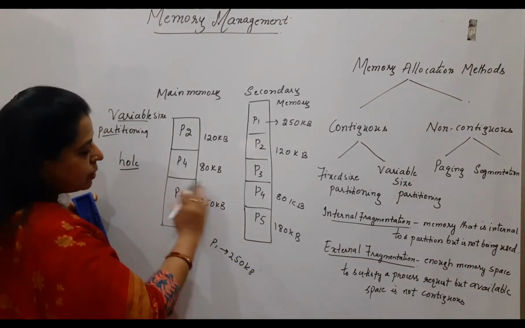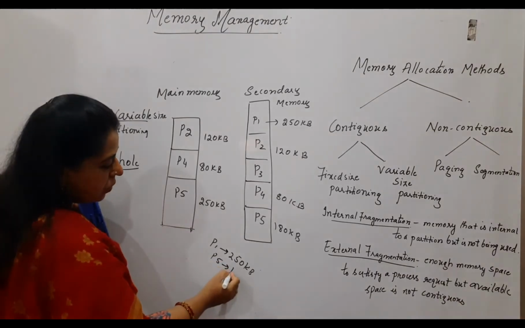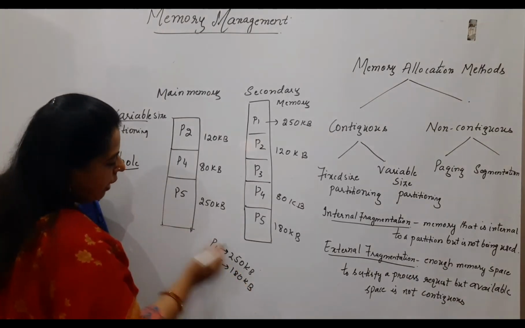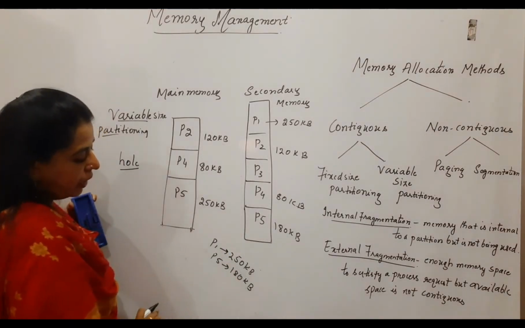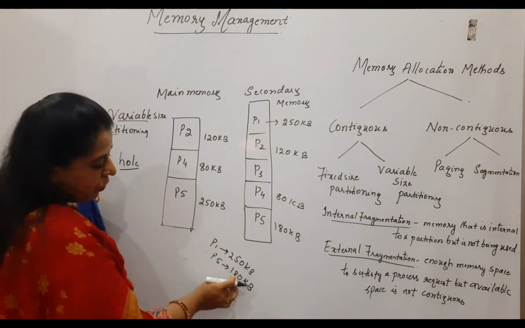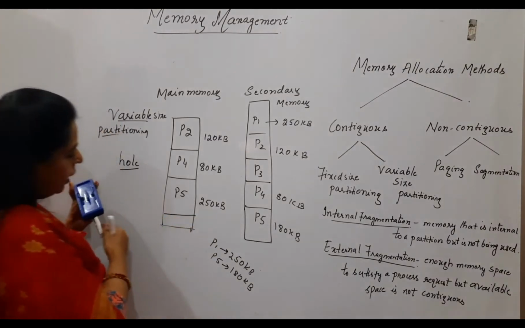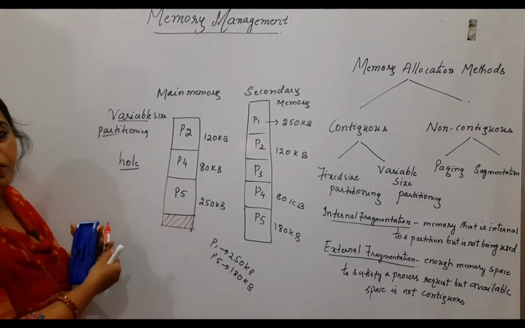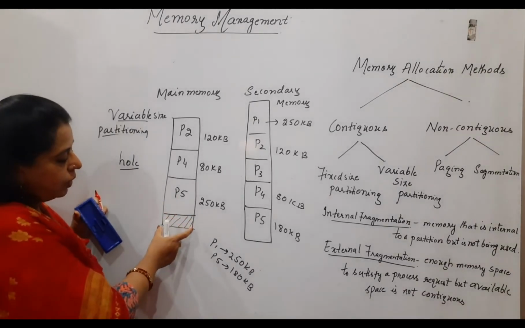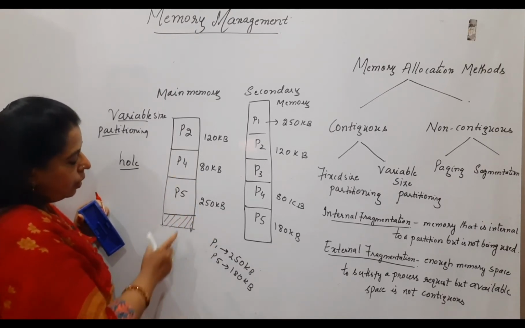In that space now P5 has come, but P5 size is how much? P5 size is only 180 kb. Then what will happen at this point of time? 250 minus 180, how much? 250 minus 180, 70. So this 70 is now the leftover space in this particular situation, in this particular process.